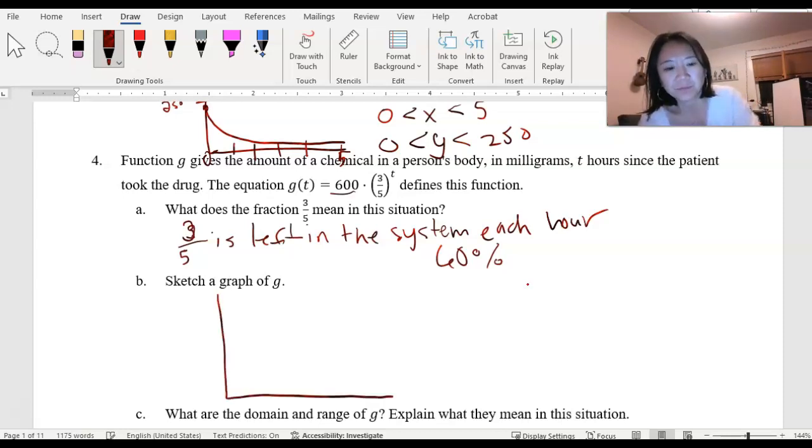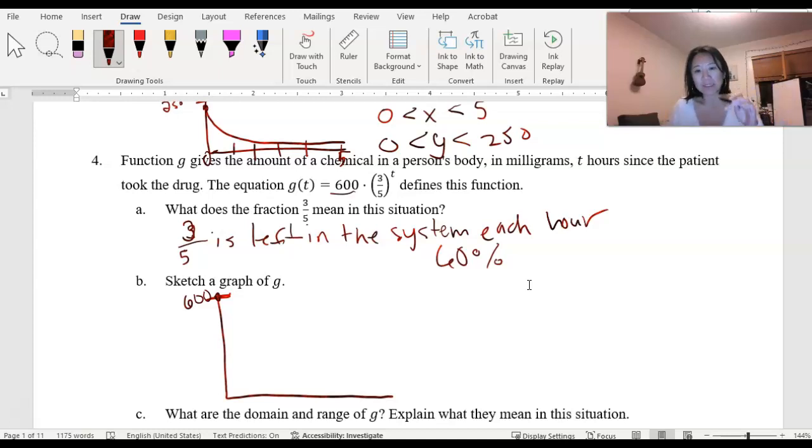So again, we're starting up here at 600, and then we're thinking about over time how quickly this is going to dissipate. So again, you can use your graphing technology to kind of get an idea of what this is going to look like. And I'll show you. And I'm going to set my window to be, this time my y max is going to be 600, because that's the starting amount of my medication that I'm taking.